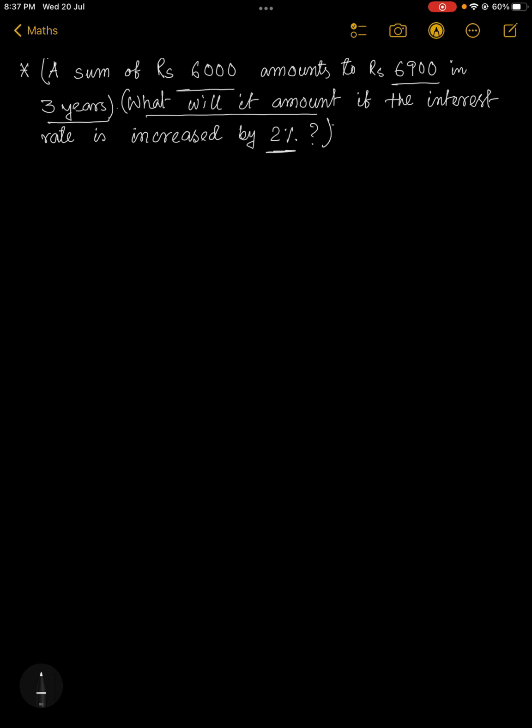Here it is given that the principal is 6,000 and the amount is 6,900, where amount means principal plus interest. So the amount is equal to 6,900. So what is the interest?